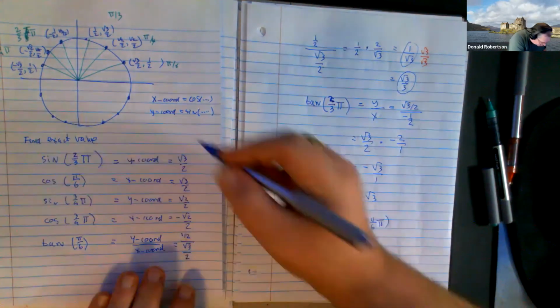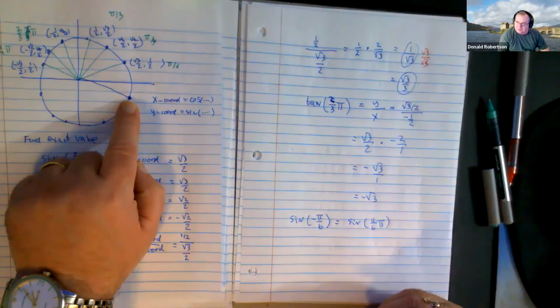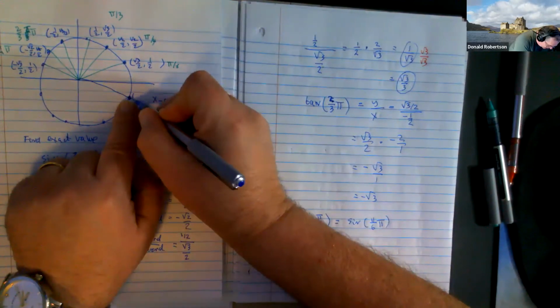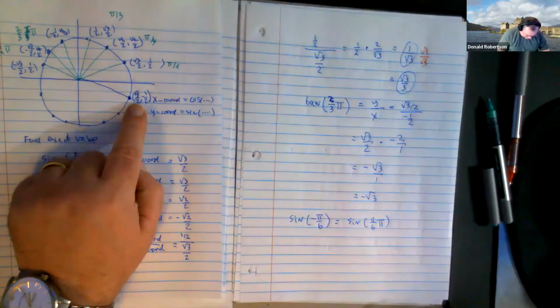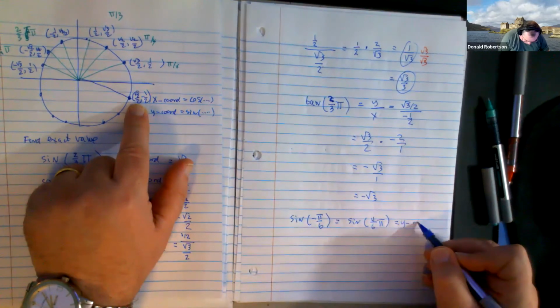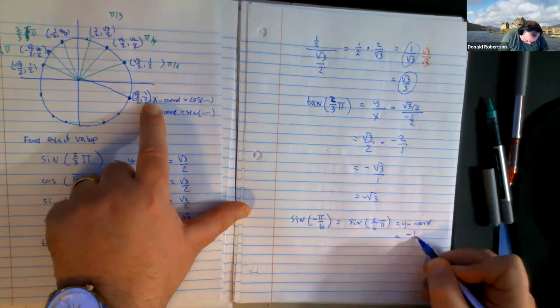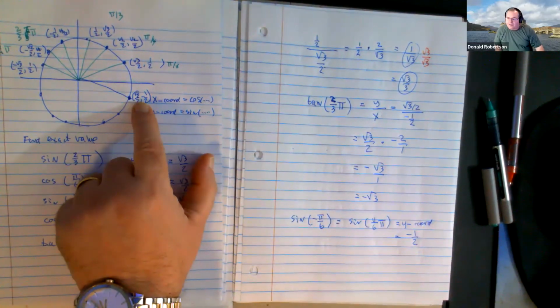I believe it would be this guy down here, right? That would be it. And that guy happens to have an x coordinate of √3/2 and a -1/2. And so since I'm looking for a sine, aren't I looking for a y coordinate? And in this case, the y coordinate should be -1/2, provided I got my unit circle.